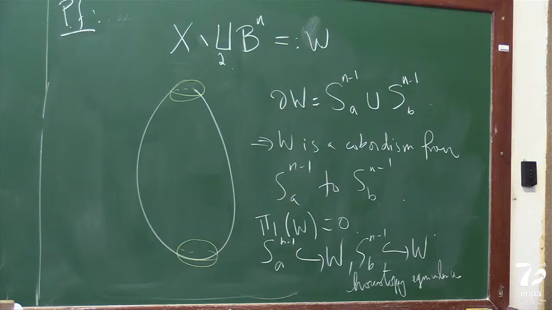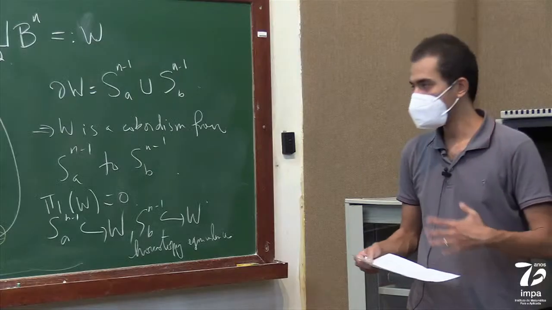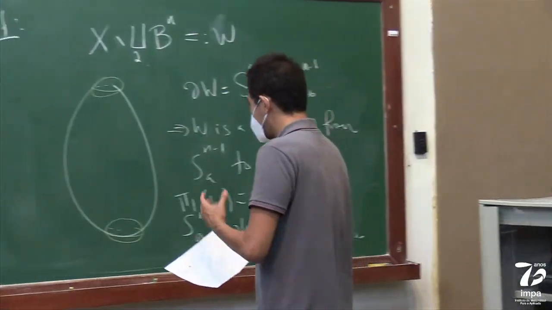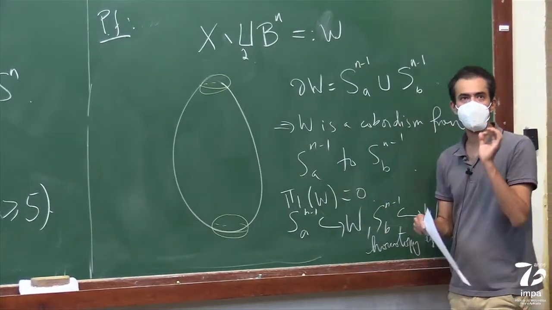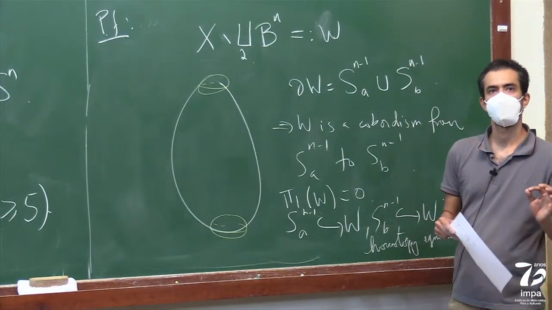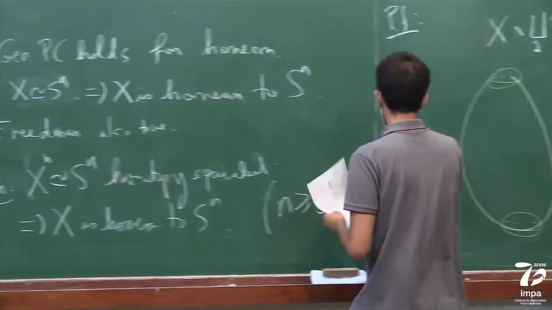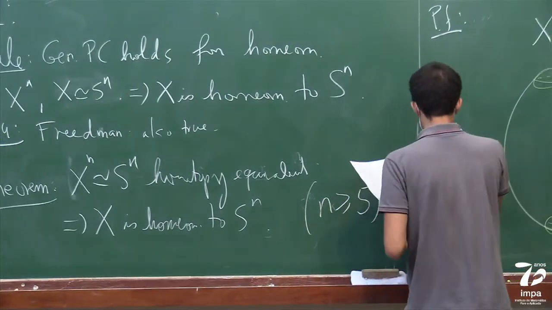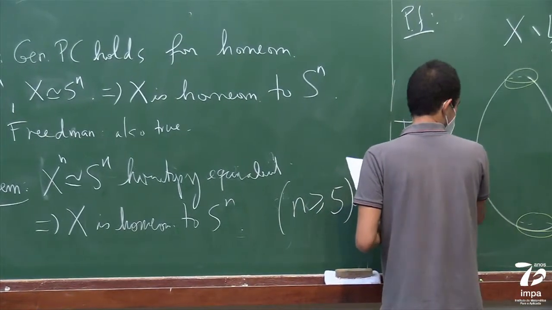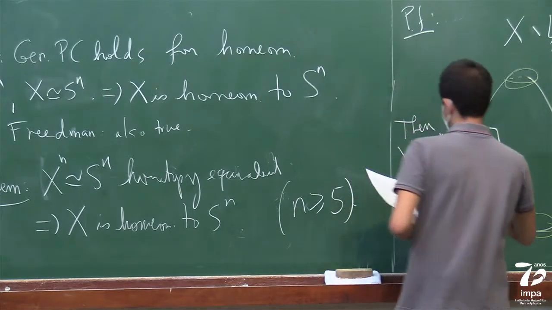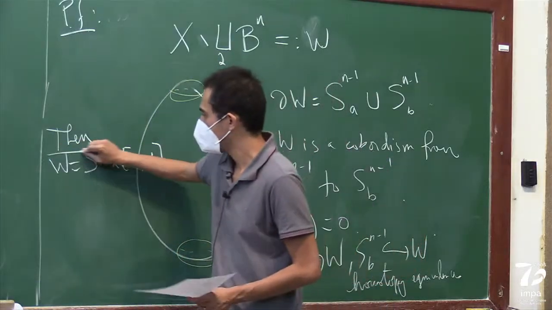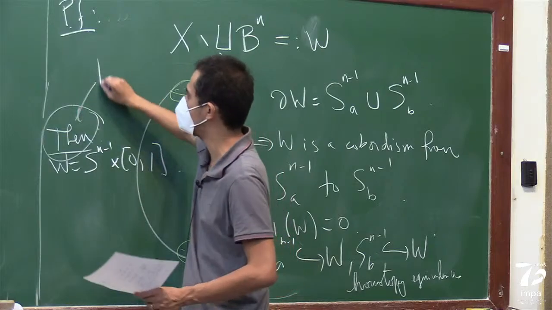It's not seeing any invariants. And the theorem that Smale proved is that if this condition holds, then W is a trivial cobordism. So W is a trivial cobordism, a sphere times [0,1]. And this is called the H-cobordism theorem.